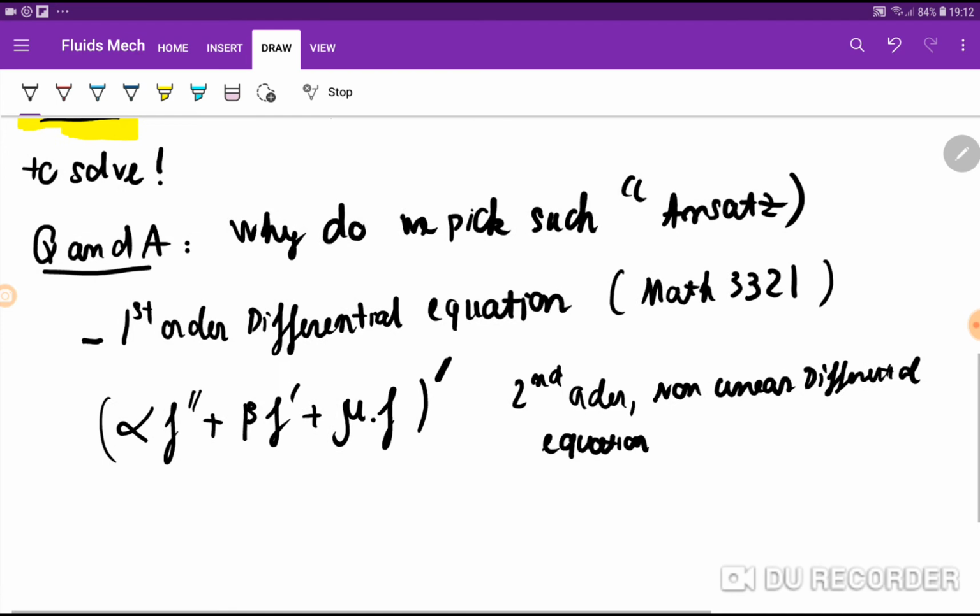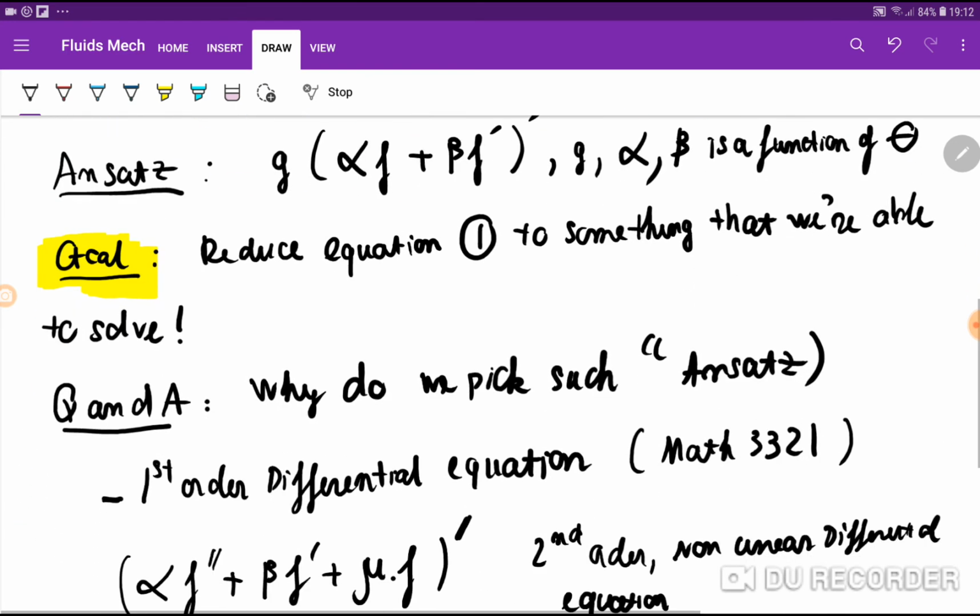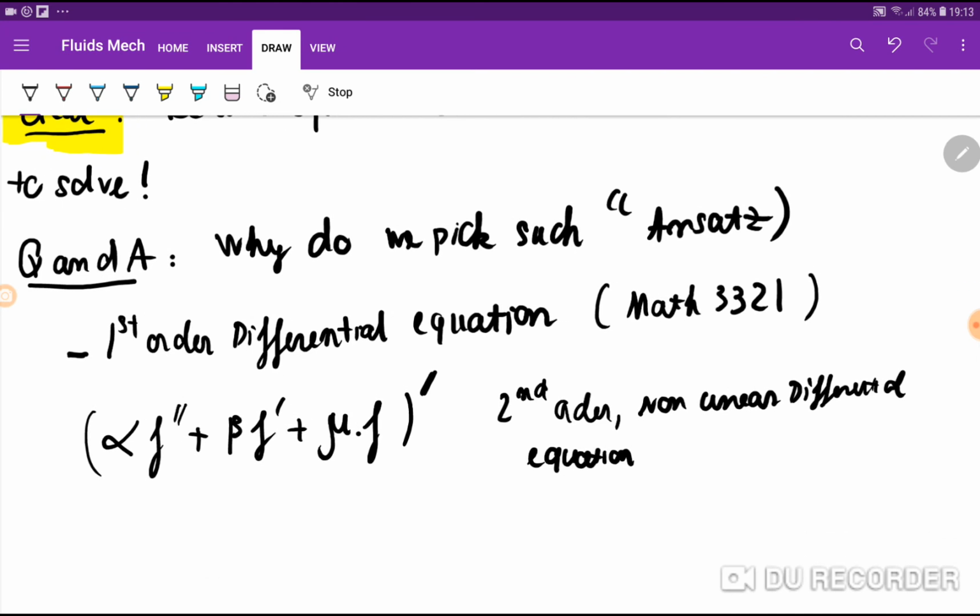It's kind of weird, because we start the problem with a second order nonlinear differential equation, we want to change it in some way, but now you're telling me you want to reduce it to a second order nonlinear differential equation. This is something you want to escape from, and then you come back to it.